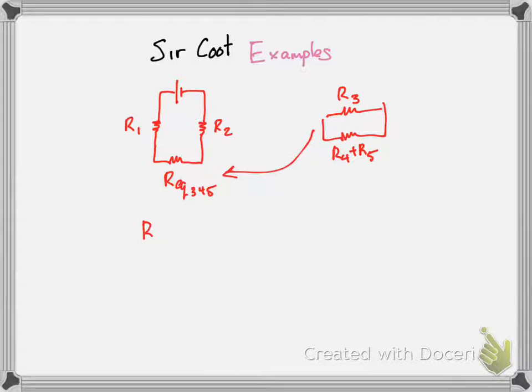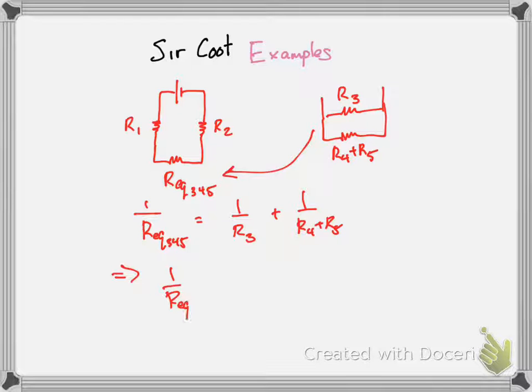So 1 over our equivalent 345 is 1 over R3 plus 1 over the equivalent of R4 and R5, because those two are in parallel, so we've got to add them in parallel. So therefore, 1 over our equivalent of 345 is 1 over 3 plus 1 over 9.